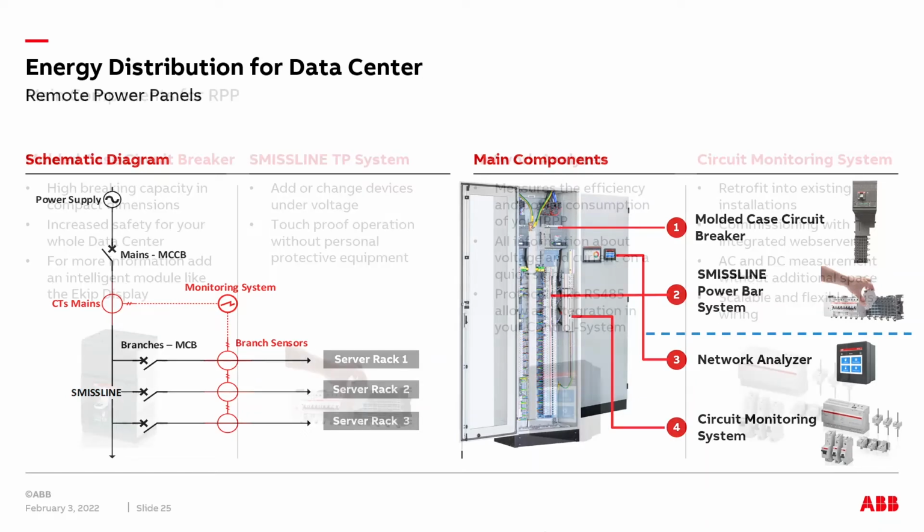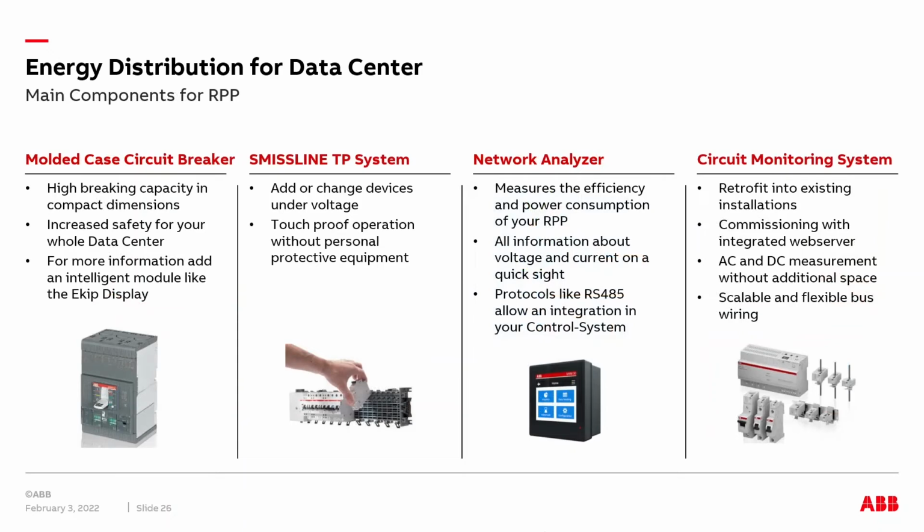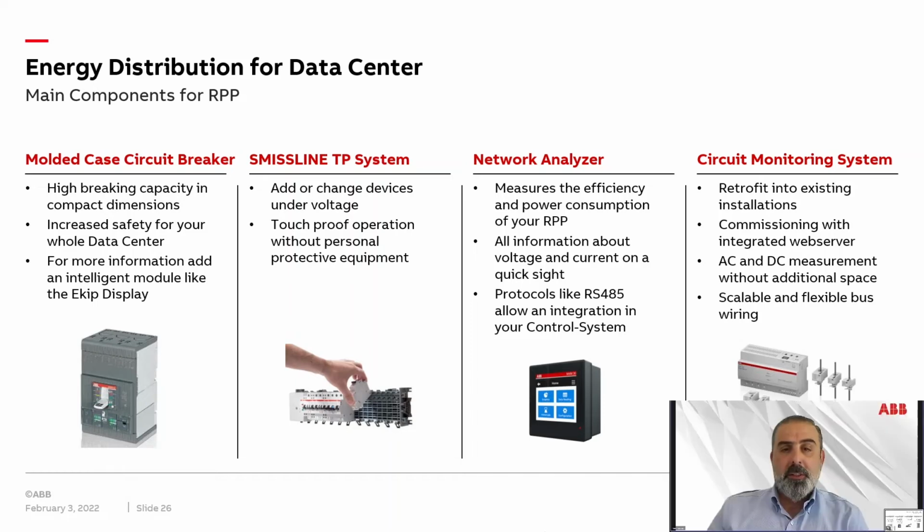So looking at the RPP and main components of the RPP, it starts from ABB T-Max XT range, which offers higher performance, better protection, and more precise metering than equivalent units, and can handle from 160 ampere up to 1600 ampere.